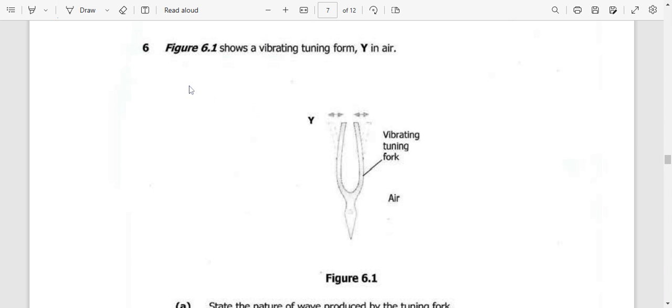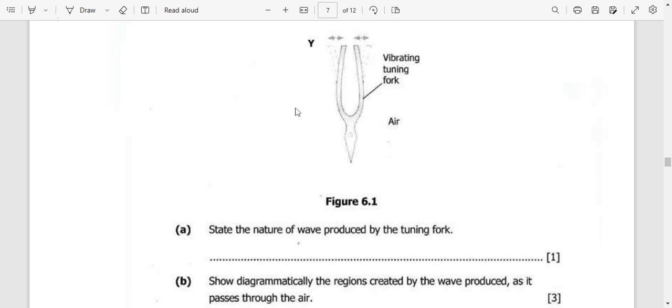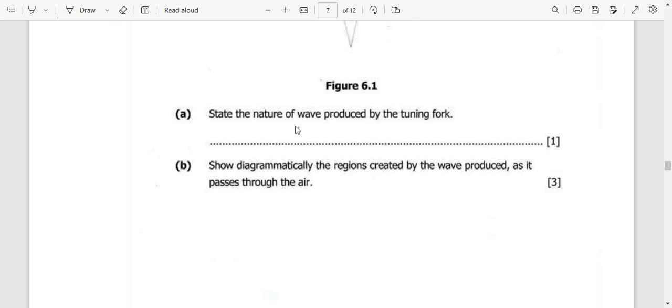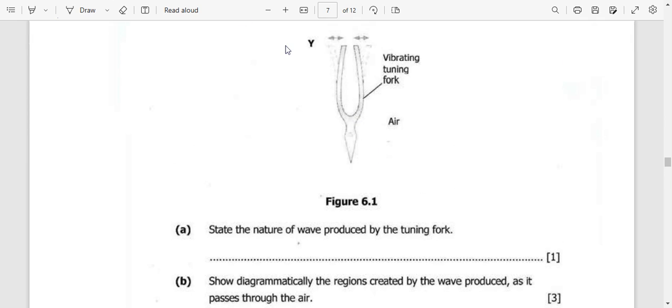Question 6. Figure 6.1 shows a vibrating tuning fork Y in air. This one here is used to measure sound. State the nature of wave produced by the tuning fork.